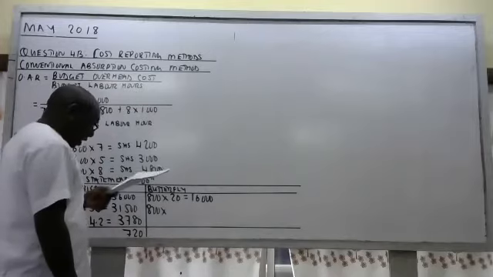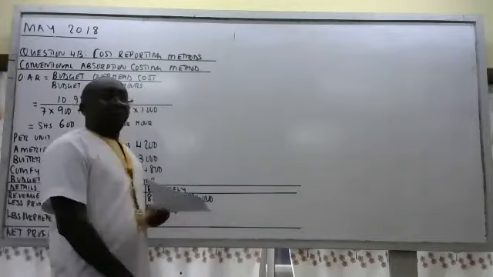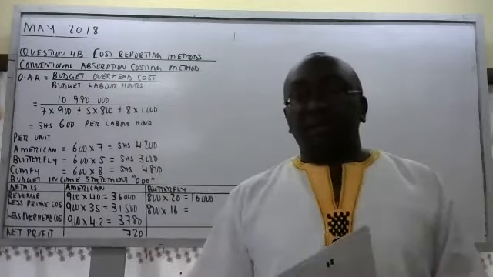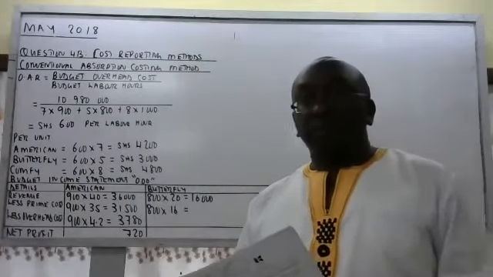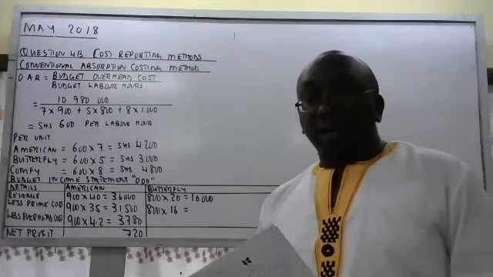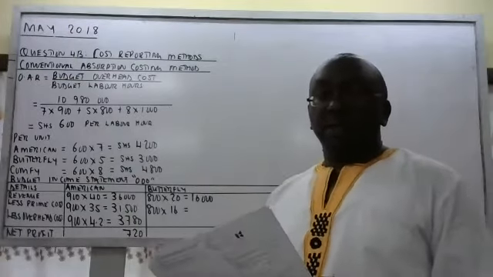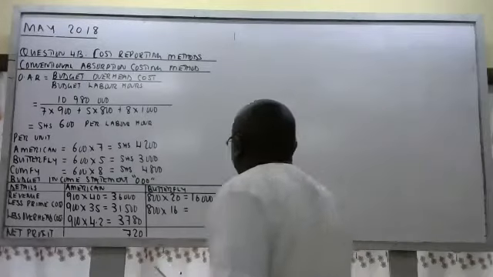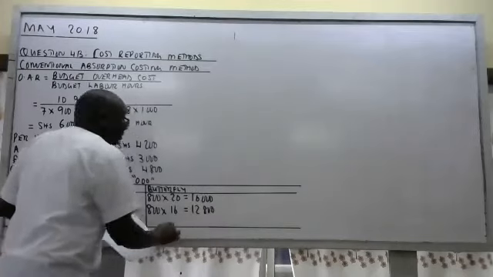So this is 16. So 800 times 16 is 12,800.